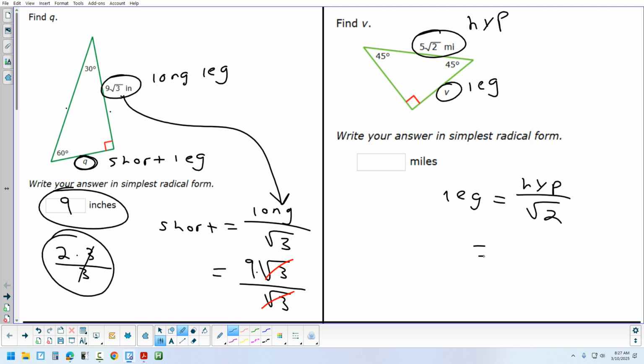The hypotenuse is 5 square roots of 2. So I filled that in the top. And what's going to cancel out there because it's the same in the top and bottom? Square root of 2. Which means the length of the leg is how much? 5. Yep. So that's the type where you have to find the leg.